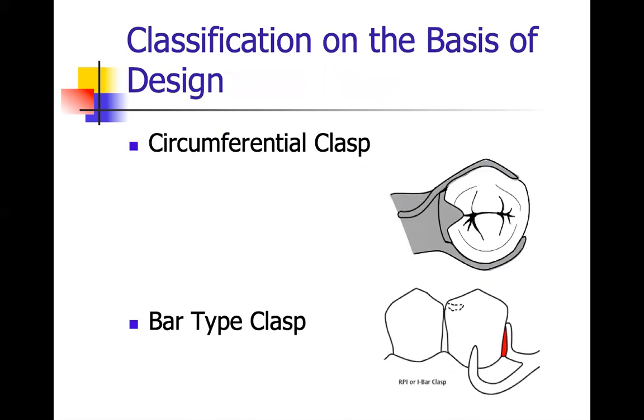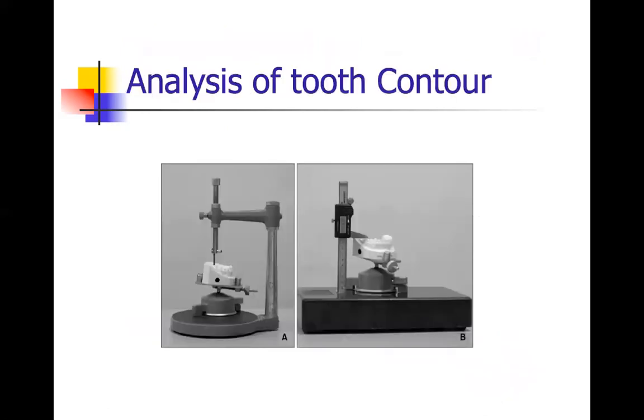Clasps are classified into two types on the basis of design: the circumferential clasp and the bar type of clasp. Now, before moving on to principles of clasp design, it is vitally important to consider how tooth contour and removable partial denture components must be related to each other for a stable prosthesis.